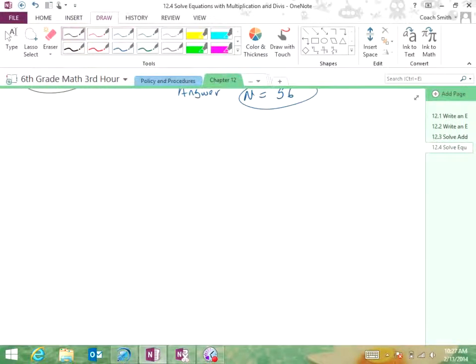All right. Try this one on your own. D divided by 9 equals 2.